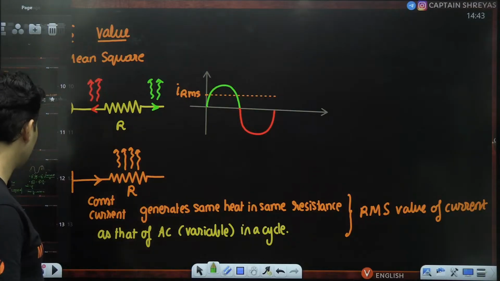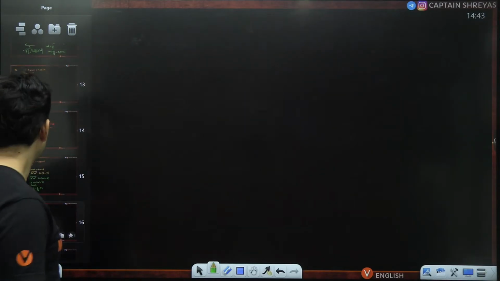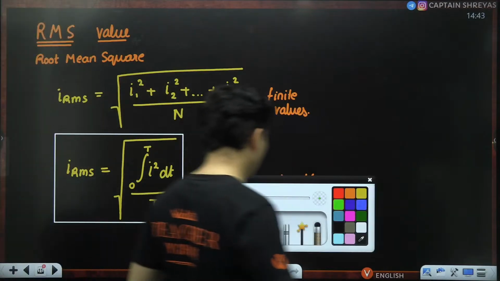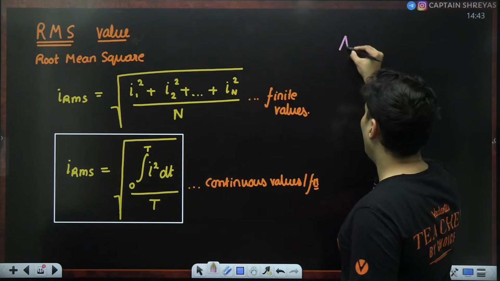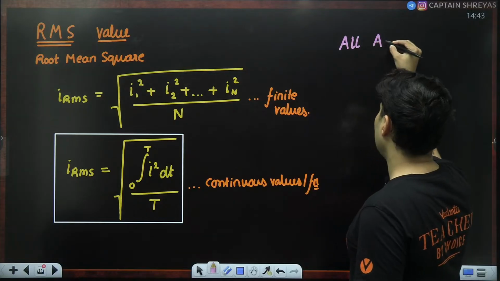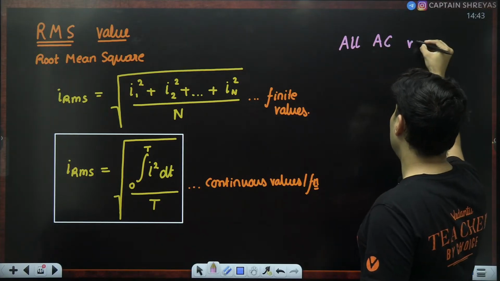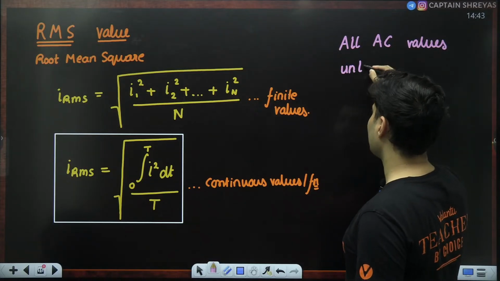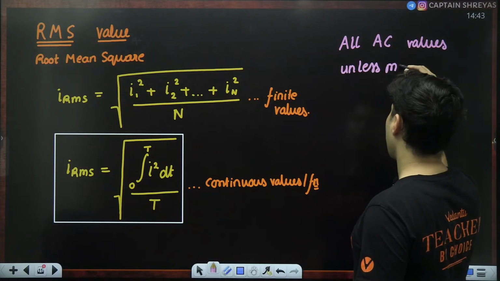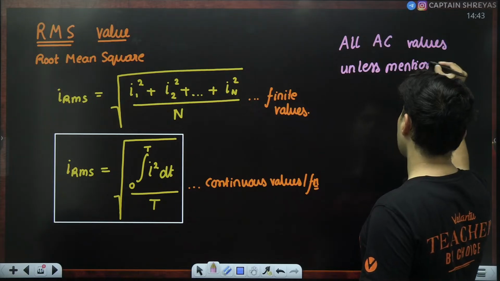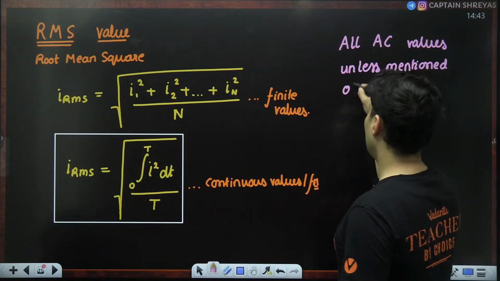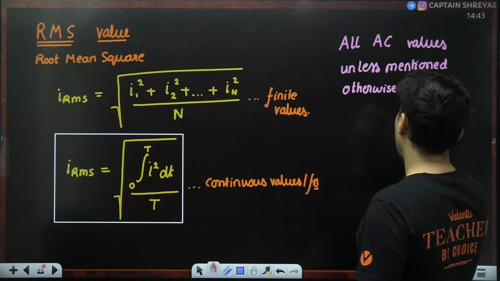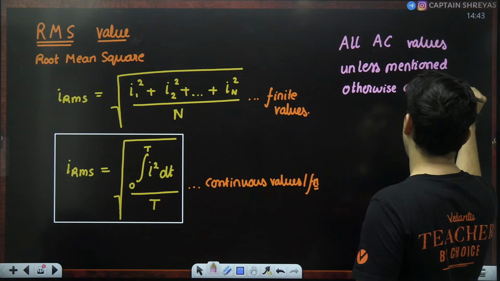But the main thing to remember about RMS is, all alternating current values, unless mentioned otherwise, are in RMS.